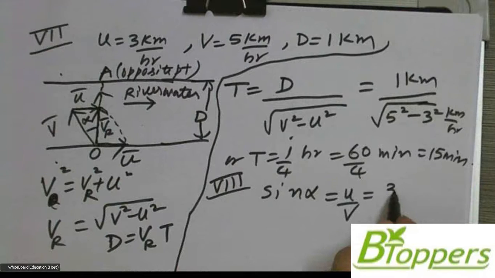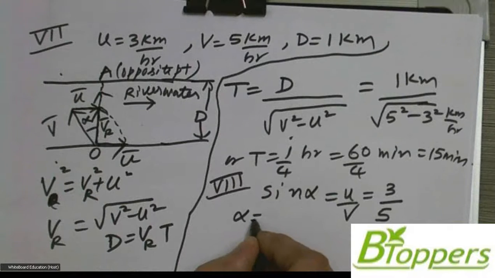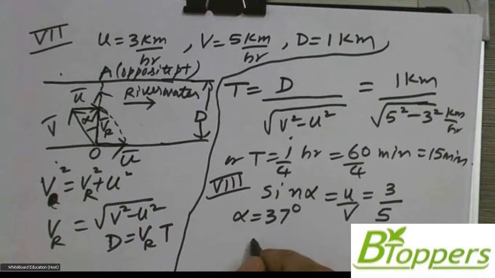Here U equal to 3 km per hour and V equal to 5 km per hour. So I get sin alpha equal to 3 by 5. So we use the result sin 37 degrees is equal to 3 by 5. So alpha will be 37 degrees.